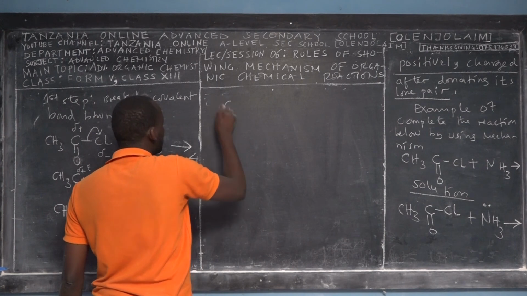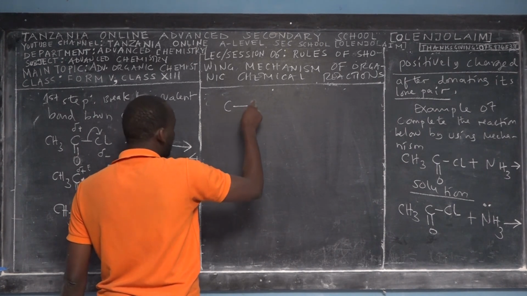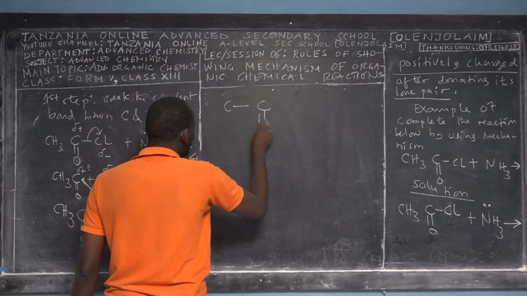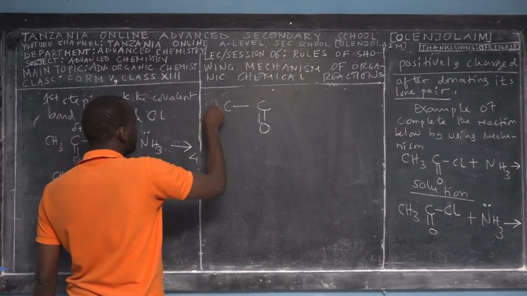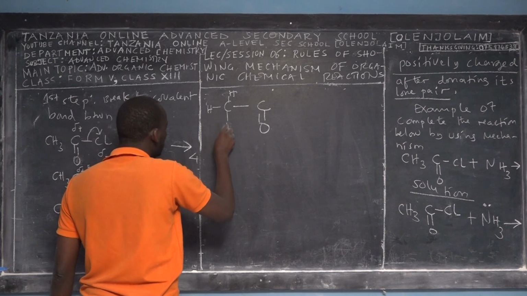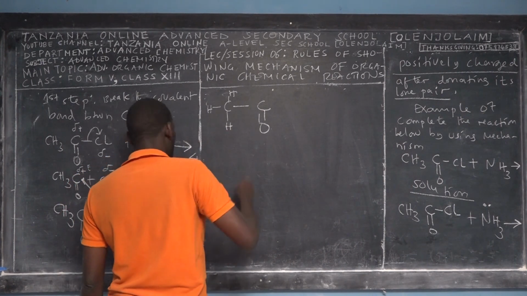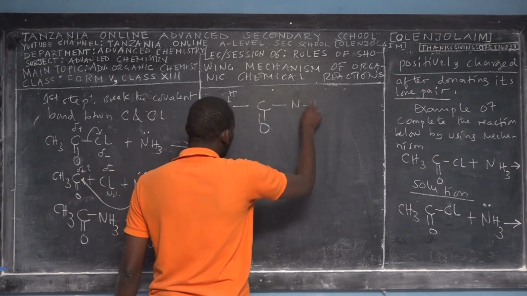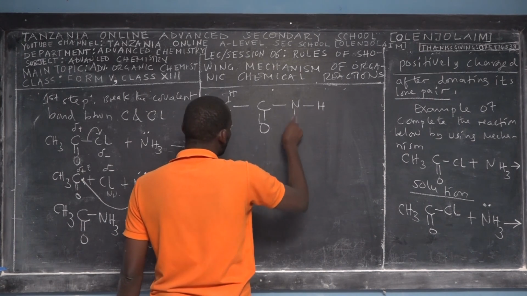What does it mean? Let me write the open structure so you understand what I am saying. This is a double bond with oxygen, then we have hydrogen here, a covalent bond, and then here we have the bond between nitrogen and the hydrogens.